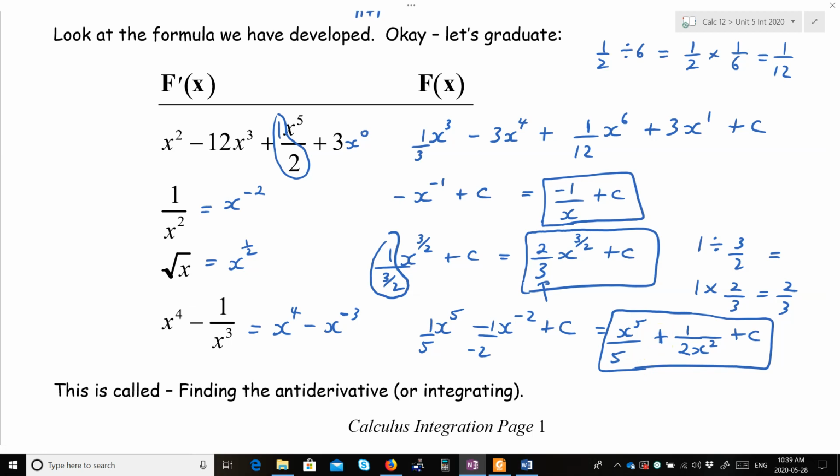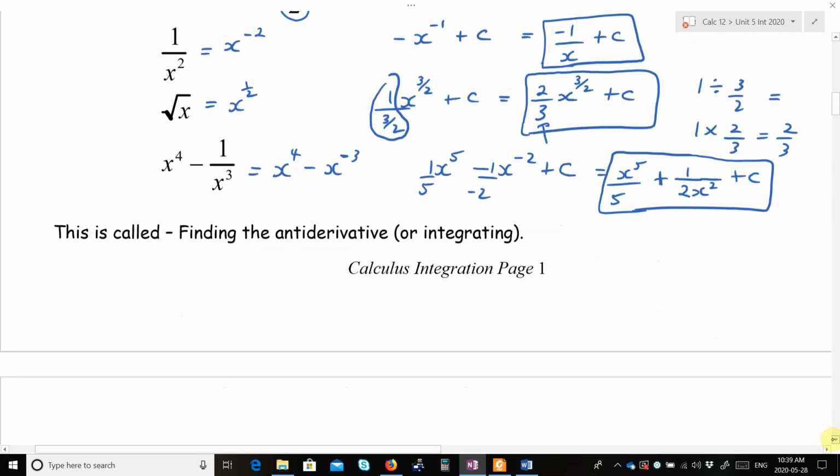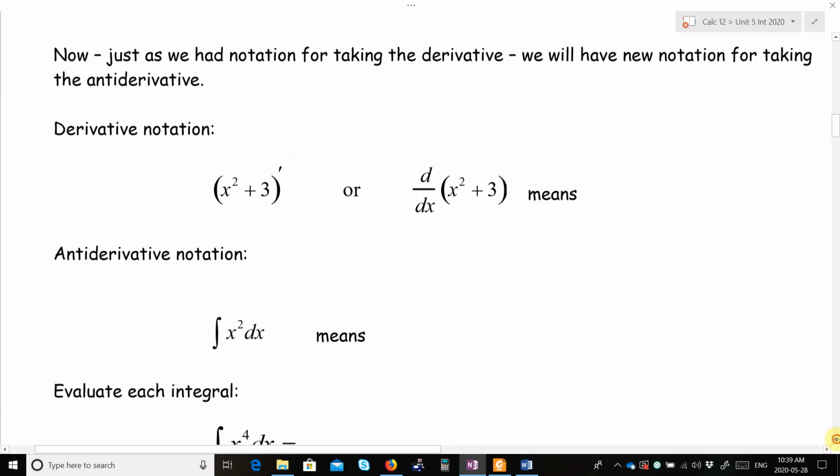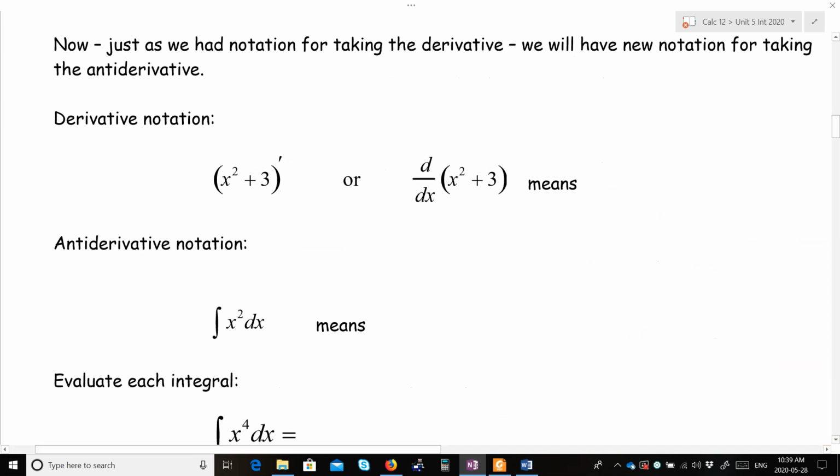Okay, and so this is called finding the antiderivative or integrating. Now, just as we had notation for taking the derivative, we will have new notation for taking the antiderivative. Remember some derivative notation? There was this prime symbol, d/dx.